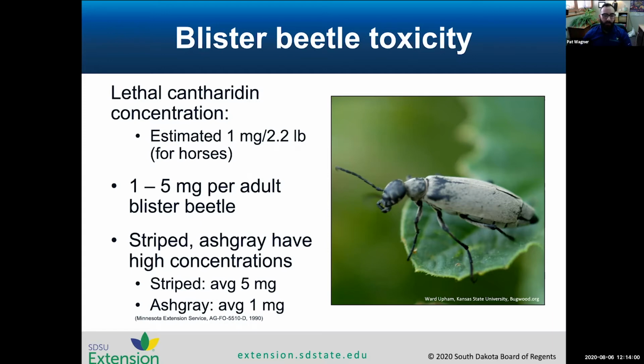The striped beetle averages about 5 milligrams of cantharidin per beetle, and the Ashgray is about 1 milligram. All the other beetles drop off from that 1 milligram, so quite a bit less concentration.